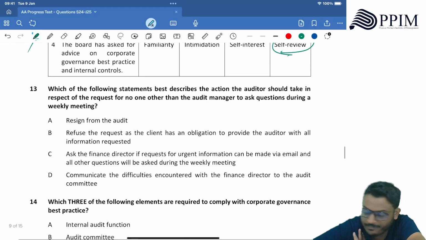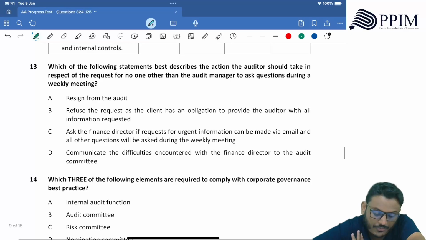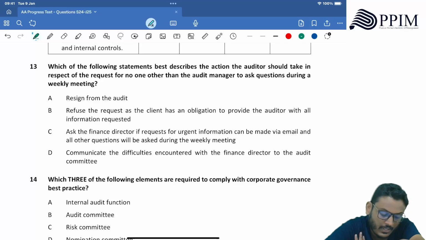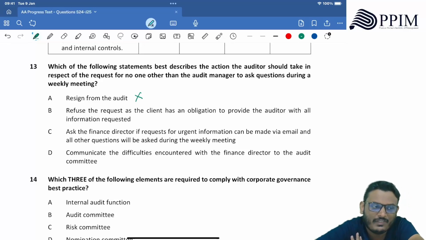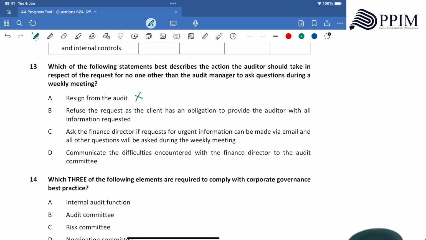Question number 13. Which of the following statements best describes the action the auditor should take in respect of the request for no one other than the audit manager to ask questions during the weekly meeting? Resign from the audit: that is wrong, because resignation we discussed. Normally, if you are not competent or management integrity is questionable, so you are unable to continue the audit.